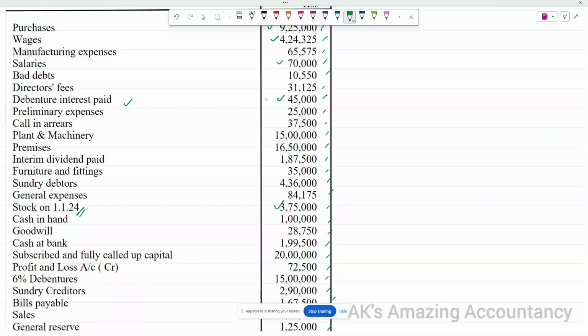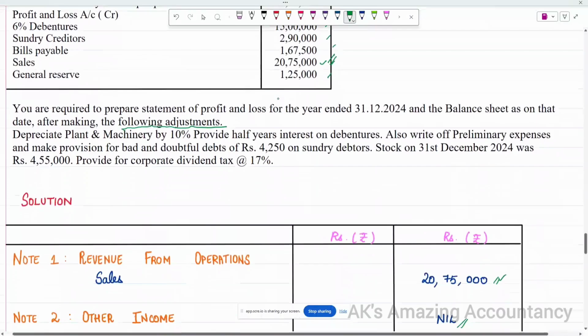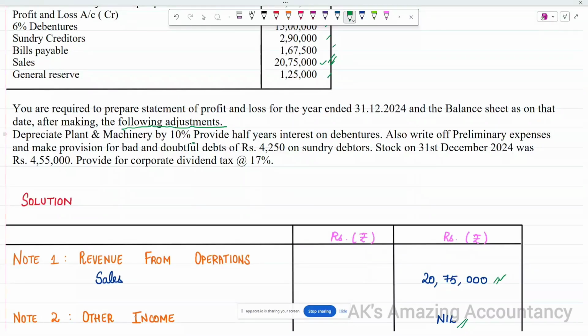In addition to this debenture interest paid, we have outstanding debenture interest given in the adjustment. So have a look at the information given under adjustment. You are given provide half year's interest on debentures. So this half year's debenture interest is outstanding, which has to be added with the debenture interest which is paid already.